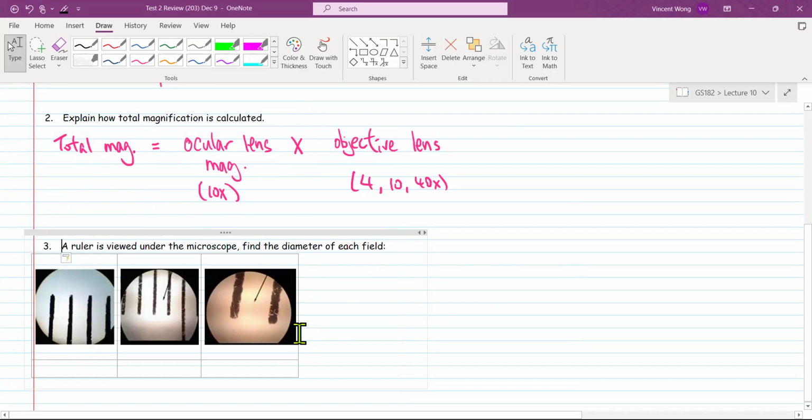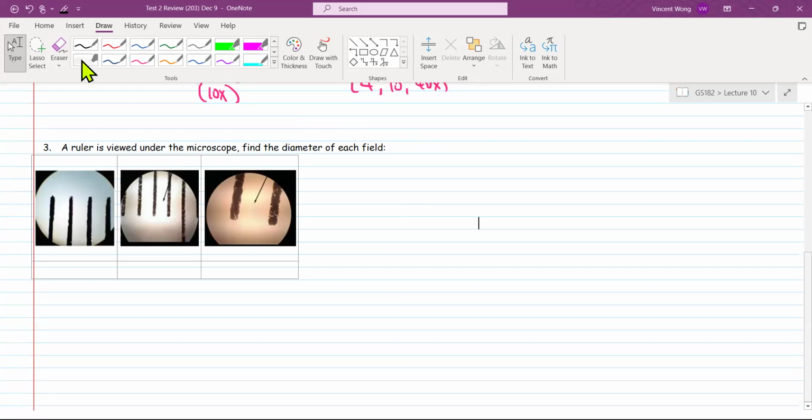Okay, a ruler is viewed under the microscope. Find the diameter of each field. The key thing to remember here is the spacing between two lines. And the spacing between two lines of a ruler is 1 millimeter. So you just have to count across the middle of the field. Okay, don't count here. All right, we're looking at the diameter.